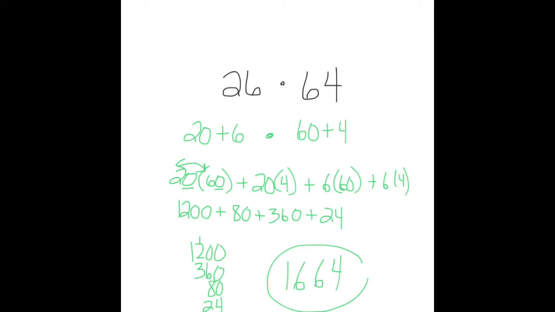So I end up with 1,664. Grab a calculator, go to the Desmos app in your web browser, Desmos Scientific Calculator, and take 26 times 64. What do you get? I bet you get 1,664.